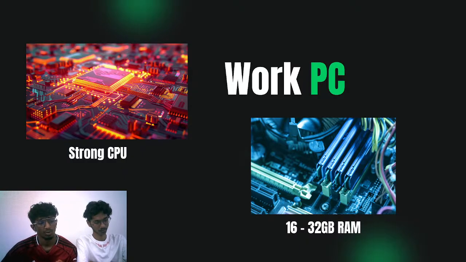However, if you are working with heavier workloads such as video editing, animations, virtual machines, or large data sets, 32 GB of RAM is highly recommended because it has a lot more workload.